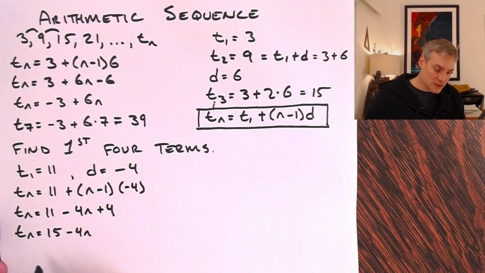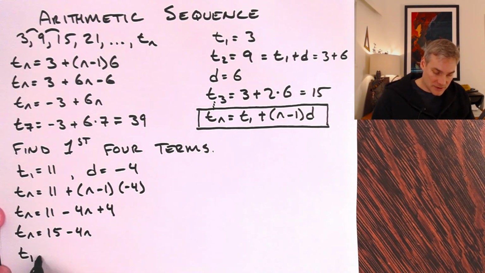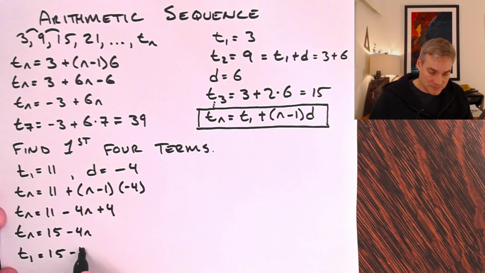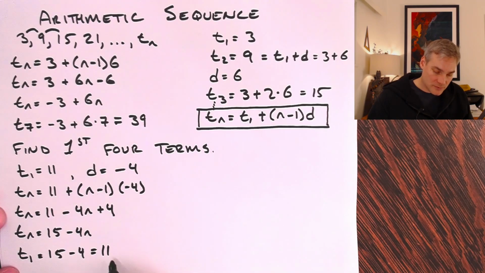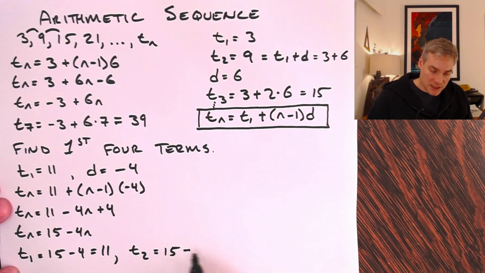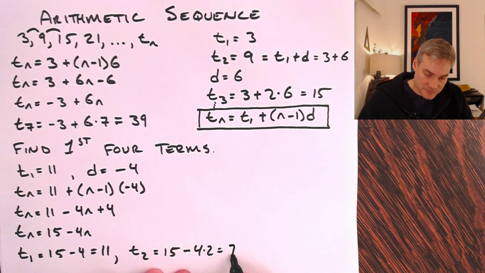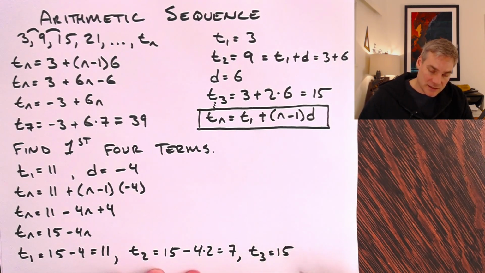Okay, so now T1 is 15 minus 4 times 1, so it's 11. T2 is 15 minus 4 times 2, which is 8, so that's 7. T3 is 15 minus 4 times 3 is 12, so that's 3.